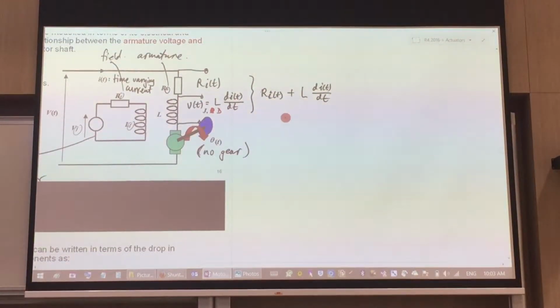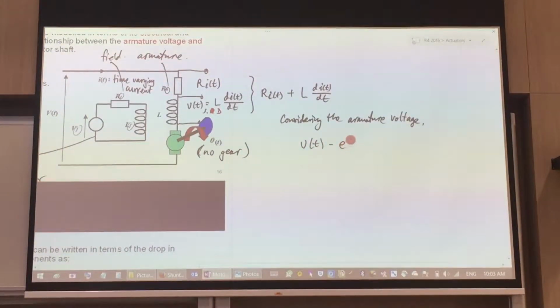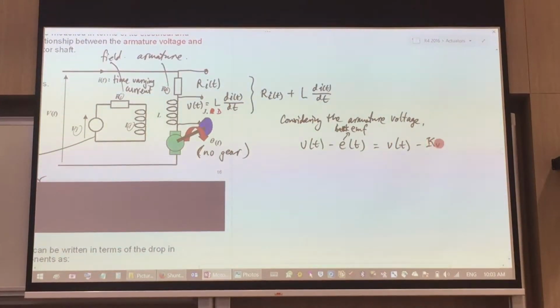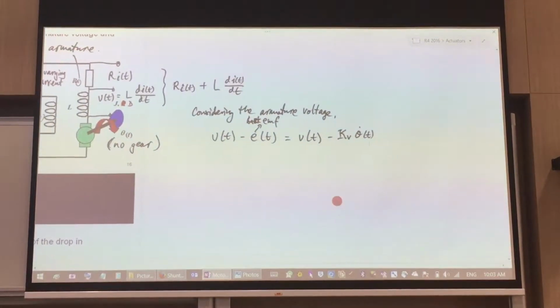So let's start by considering the armature voltage. For the armature voltage, as we have seen before, this is V(t) minus E(t), where this one is your back EMF. This must be equal to V(t) minus Kv theta dot(t). How do I get that back EMF?